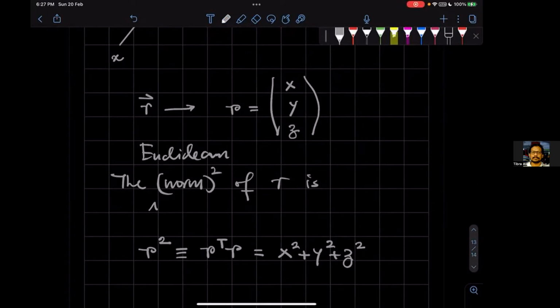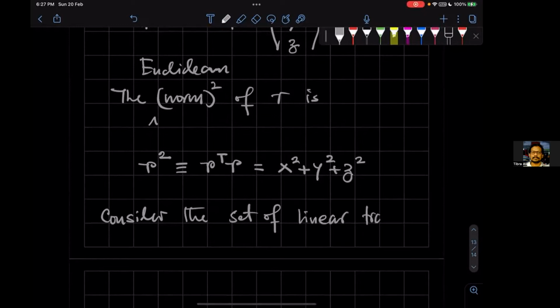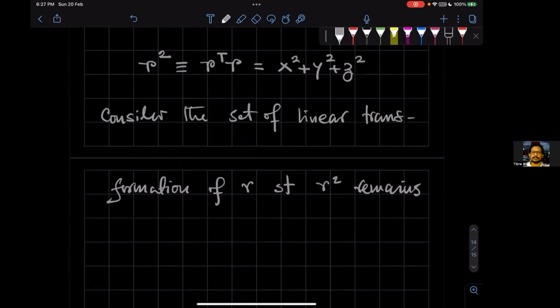Okay. Now, consider the set of linear transformations of R such that R squared remains unchanged, or invariant.